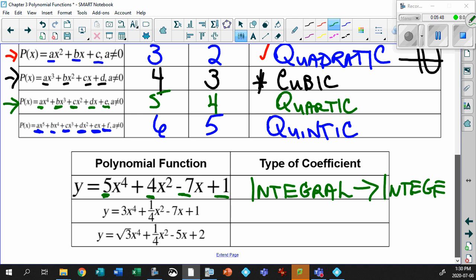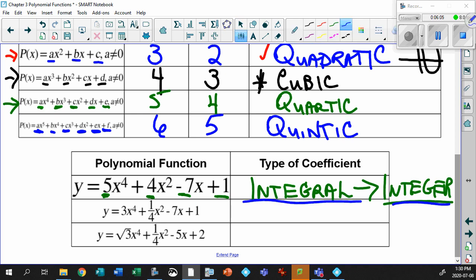It's like the name Bob, whose formal name could actually be Robert. So Bob is short for Robert. In other words, integer is short for integral.